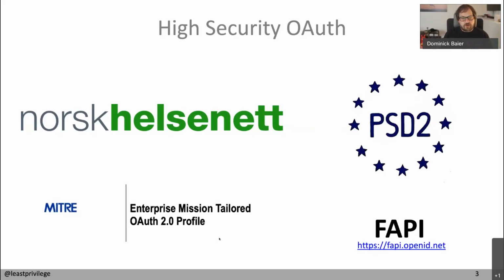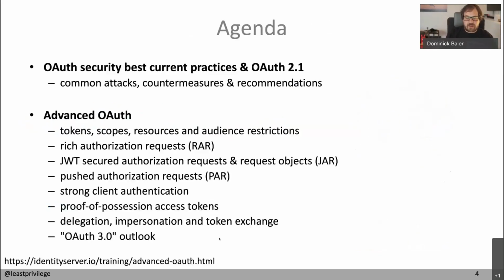Basically, this talk is an excerpt of training material I've been creating for the last 6 months or so, which covers security best practices in OAuth and this new thing called OAuth 2.1, which we'll talk about at the end.